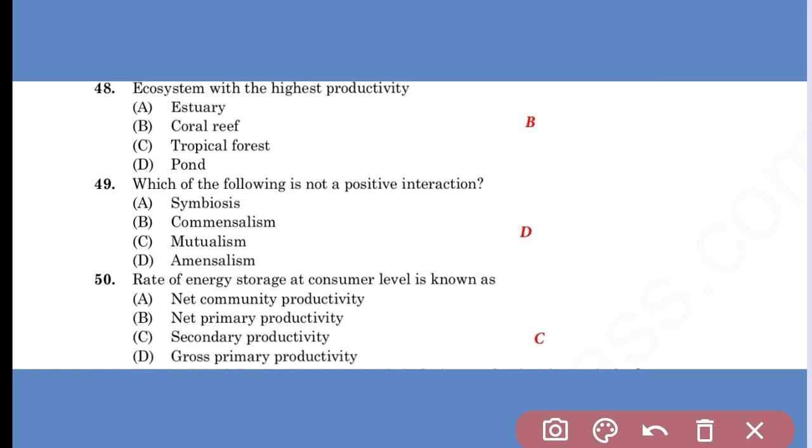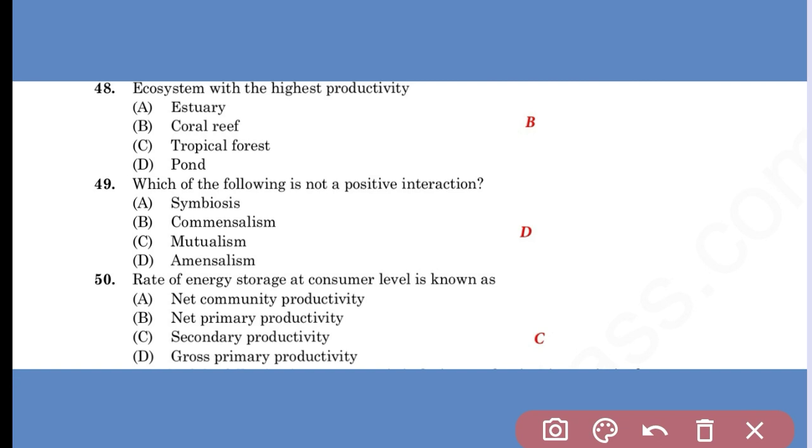Production of organic matter by the producer is known as primary productivity. Net primary productivity can be defined as the rate of accumulation of biomass or energy. The energy utilized during metabolic processes such as respiration is excluded from gross productivity.